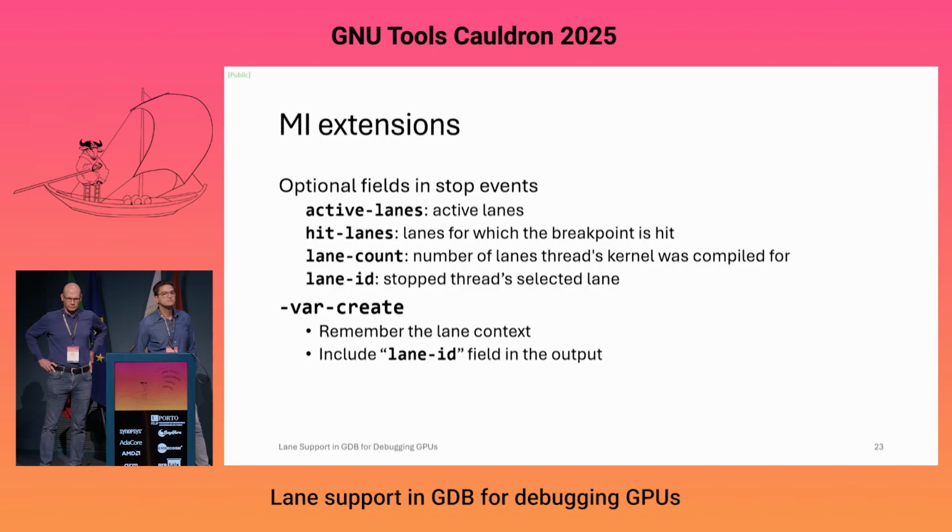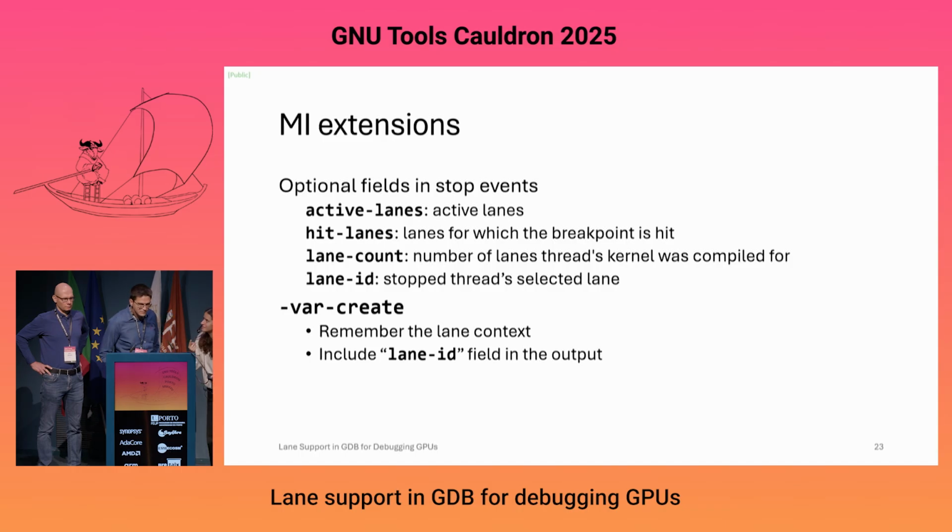In MI, frontends are not meant to rely on the current context. MI commands are meant to be context independent. So the frontend should always say which thread they're talking about, that dash thread option that Barry showed, and now the new dash lane option.